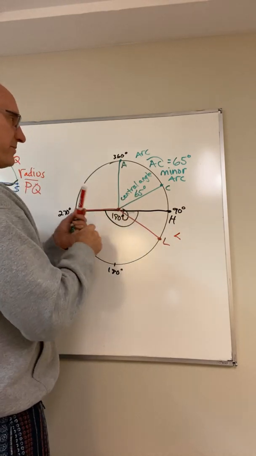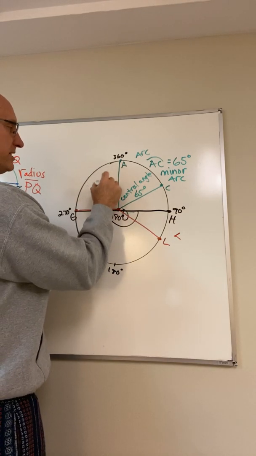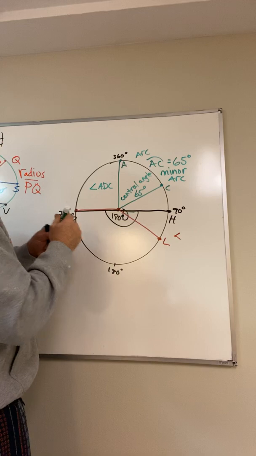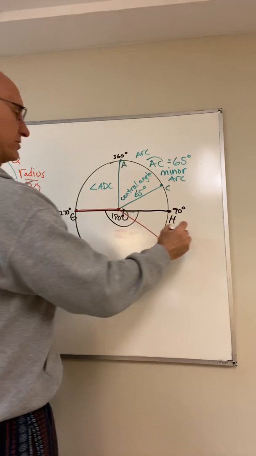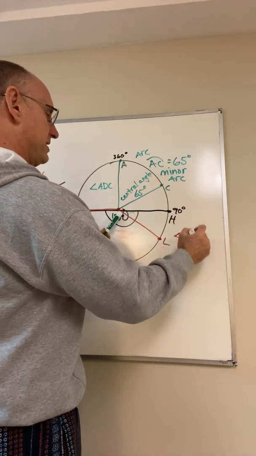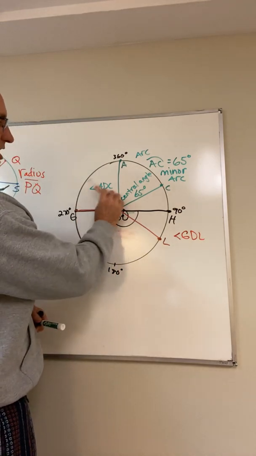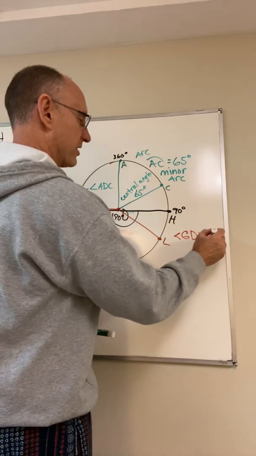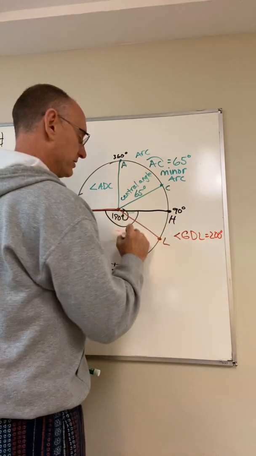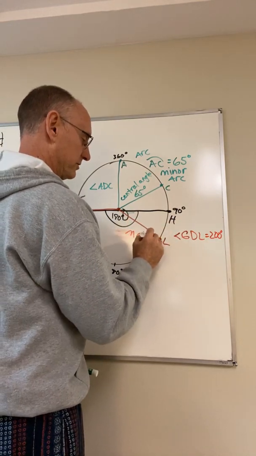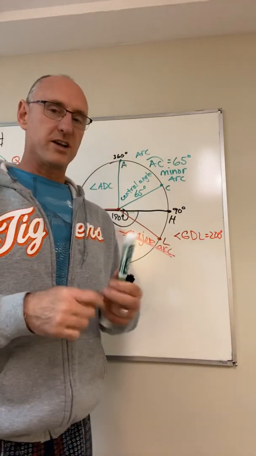I talked about the arc, but this is angle ADC. Angle GDL is huge. Here's 180, and that could be 200 degrees right there. That's a lot of the circle. This is called a major arc. A major arc is larger than 180 degrees.